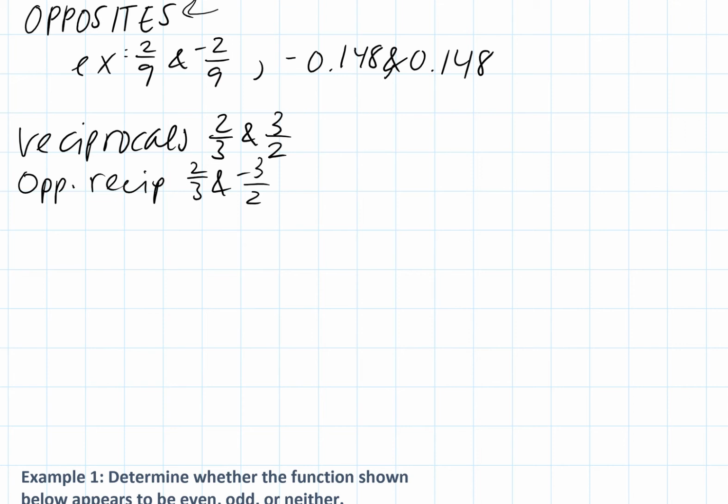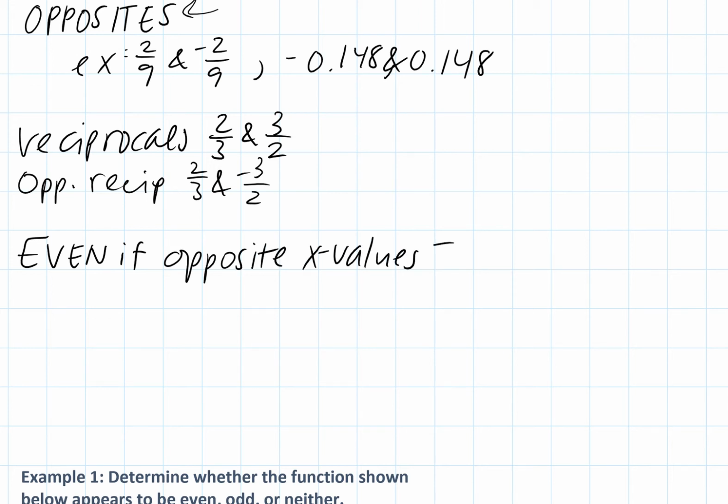Okay, now we're ready to talk definitions. A function is even if opposite x values produce the same y values. So opposite x values produce the exact same y values.